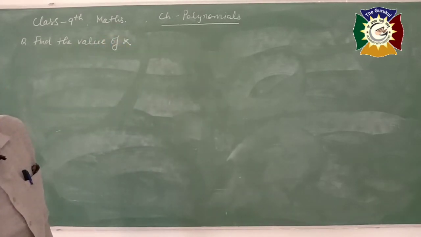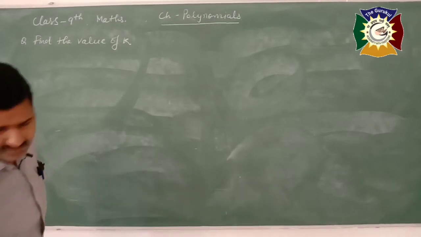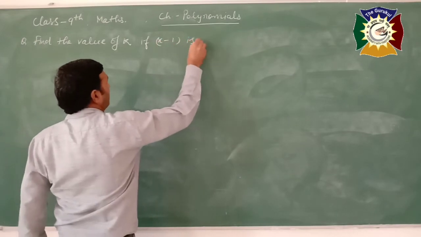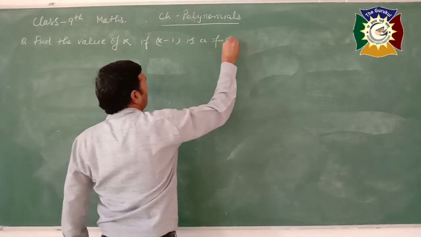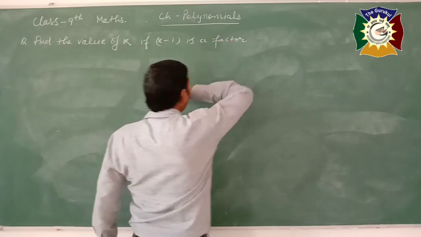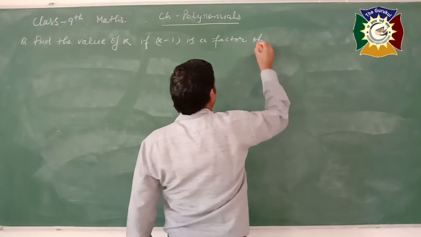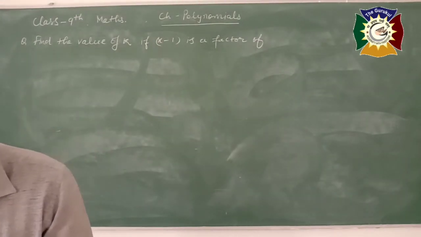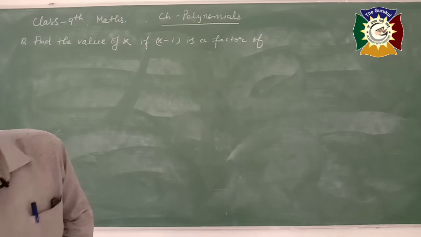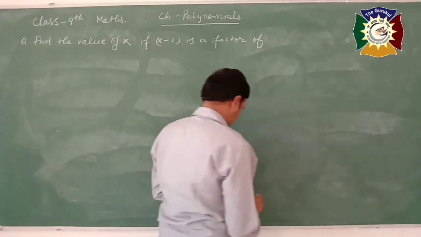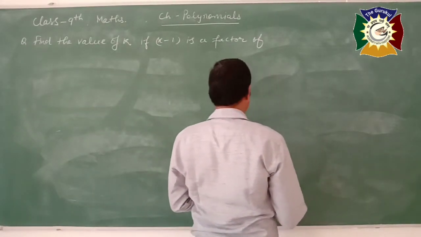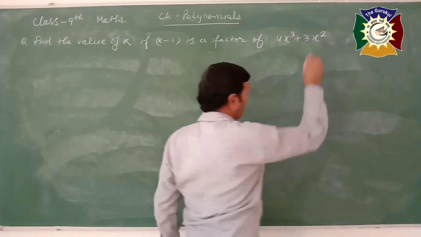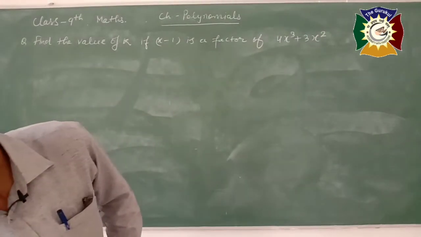if x minus 1 is a factor of the polynomial 4x cube plus 3x square minus 4x plus k.